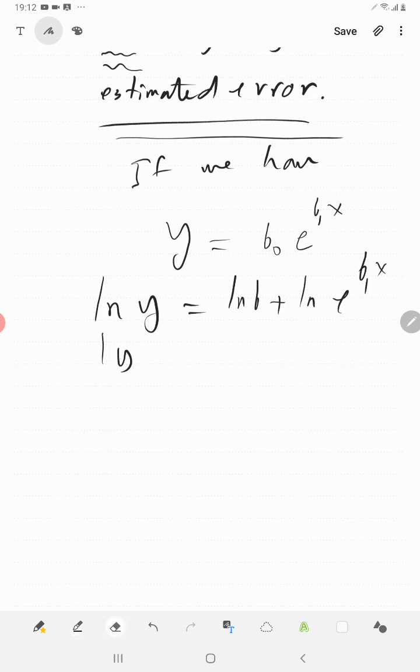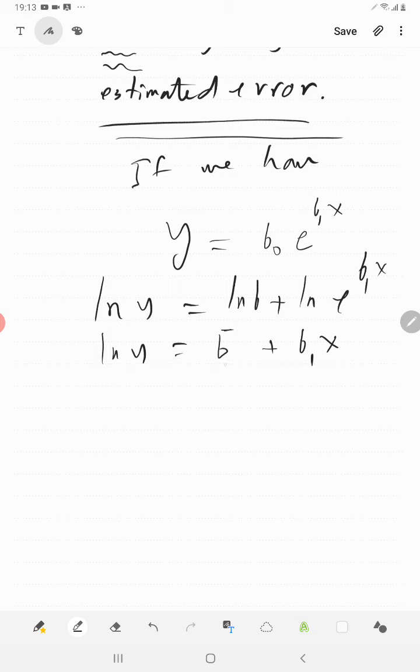As in the notes, we can transform this to a linear form. Let's name ln b naught as b bar, plus b1 x.